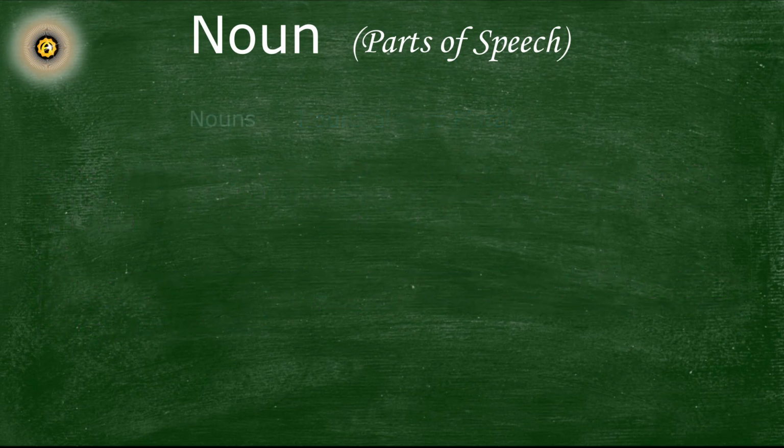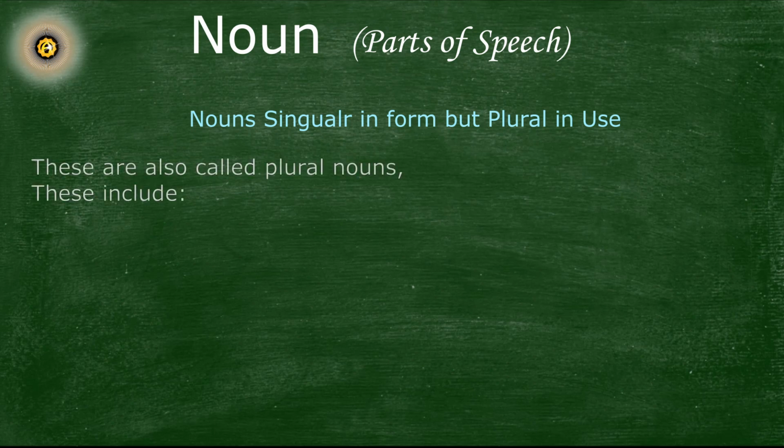Then there are nouns that are singular in form but plural in use. For example, cattle, police, people, and so on.